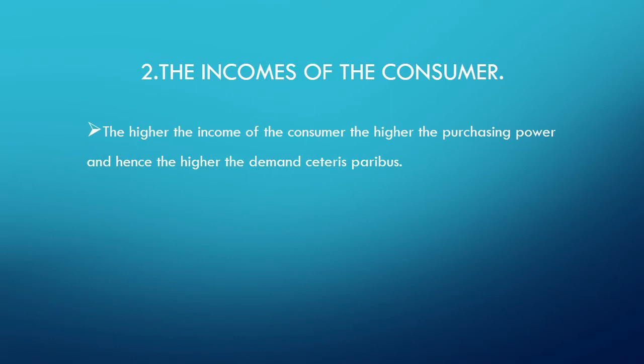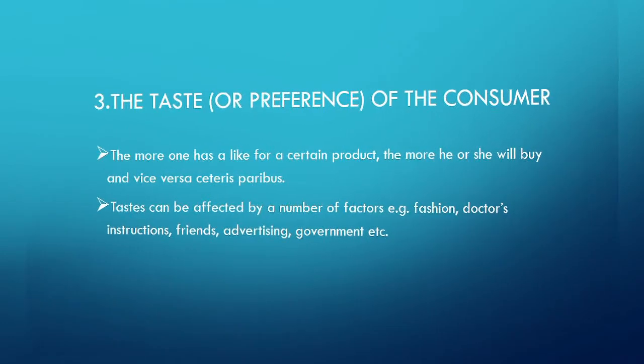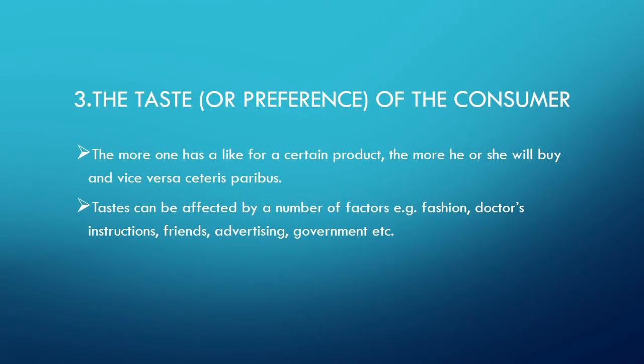The other factor affecting demand is the taste or preference of the consumer. And under this factor, we note that the more one has a like for a certain product, the more he or she will buy, and vice versa, ceteris paribus.